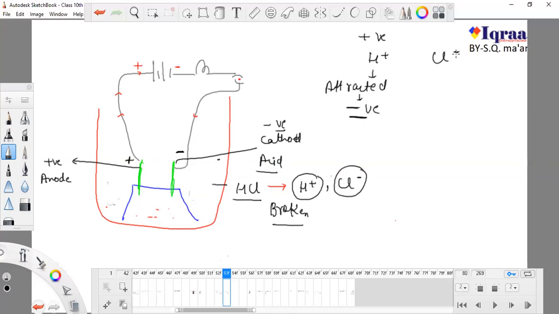All the Cl ions are negative, or it could be SO4 or NO3, depending upon which type of acid it is. So Cl ions, being negative, get attracted to the positive side.